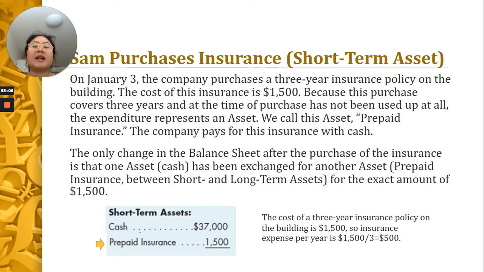For the short-term asset part, you record the prepaid insurance at the cost of the 3-year insurance policy on the building, 1,500. So the insurance expense per year will be 1,500 divided by 3 years, which equals 500 per year.